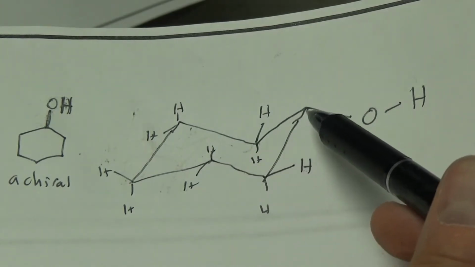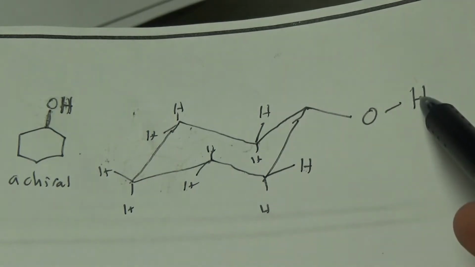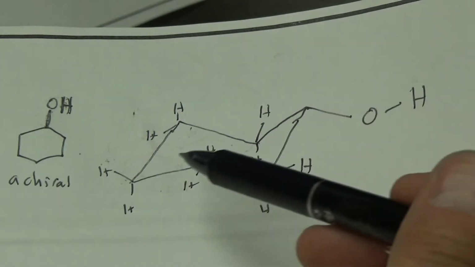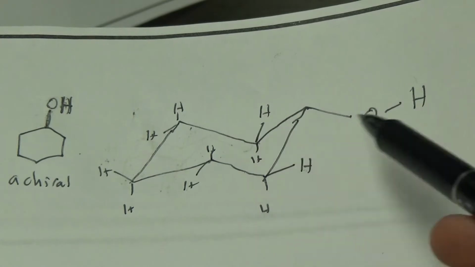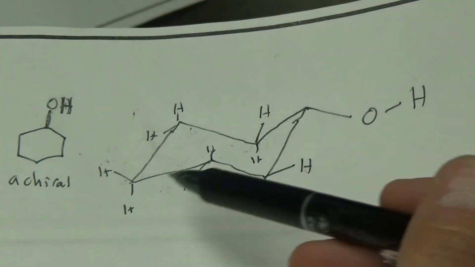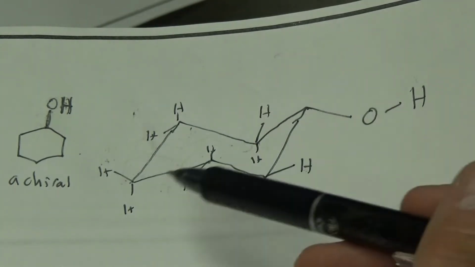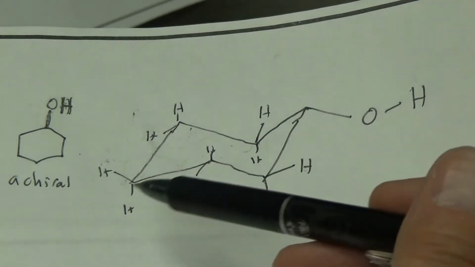And then it slices right through that carbon, right through the oxygen, and right through the hydrogen. So that is a nice plane of symmetry that slices through this. Every achiral molecule has a plane of symmetry. Sometimes it's a little tricky to find. Sometimes you have to look at it a little bit, but this is a nice example, okay? I would copy this into your notes nicely and try to visualize where the plane of symmetry is.